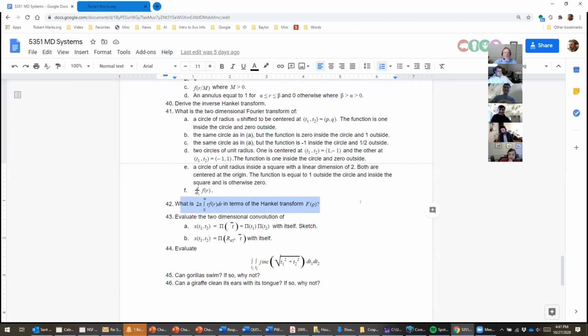What is this in terms of the Hankel transform? Now notice this is exactly the same as the Hankel transform, except the Bessel function isn't there, right? The Bessel function is gone. Okay, Justin, go ahead.